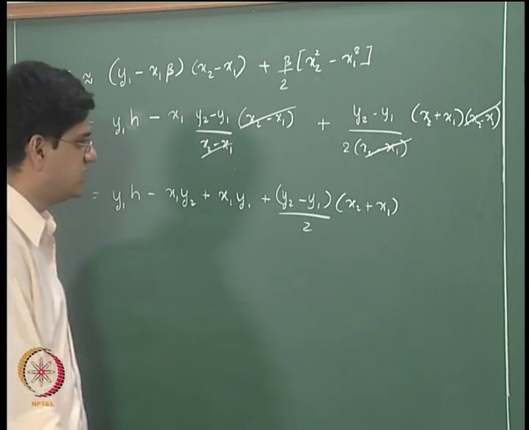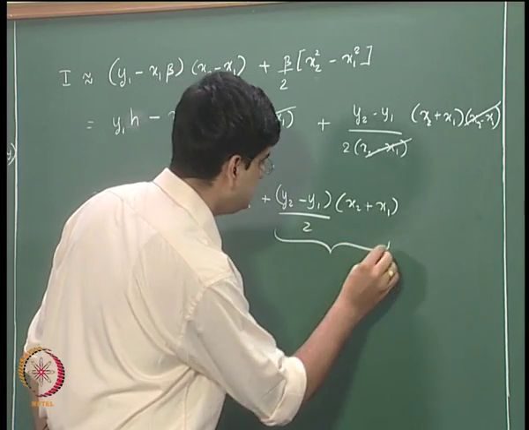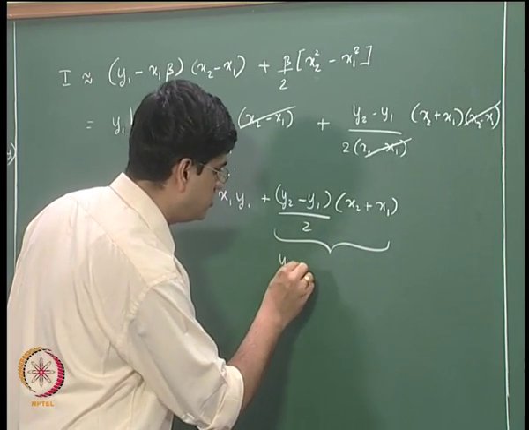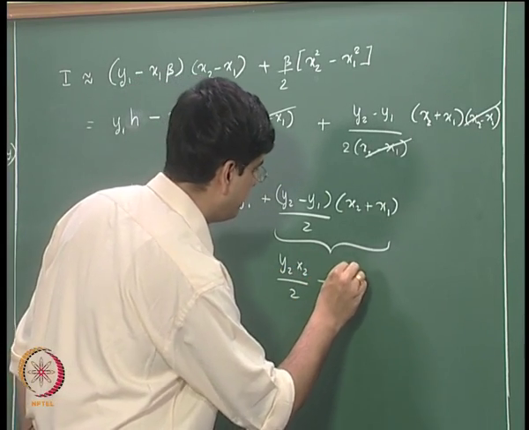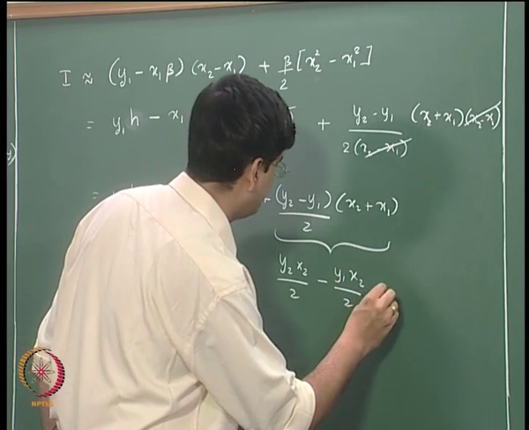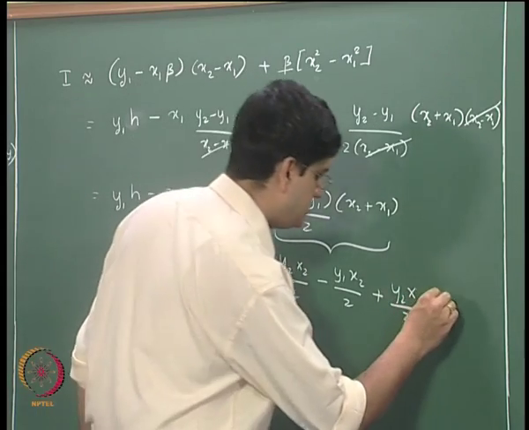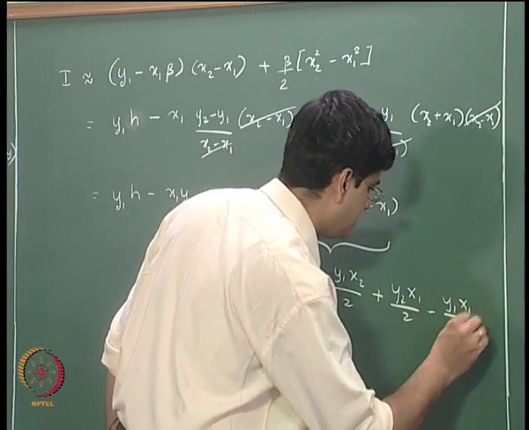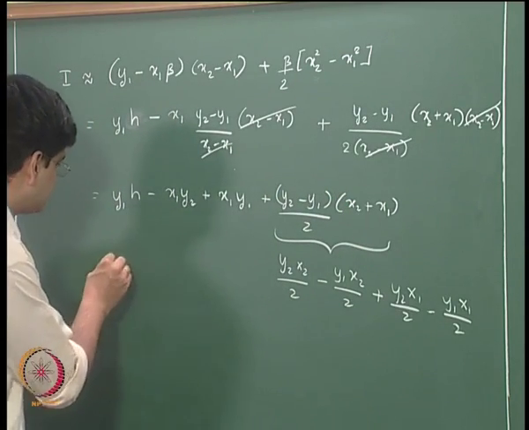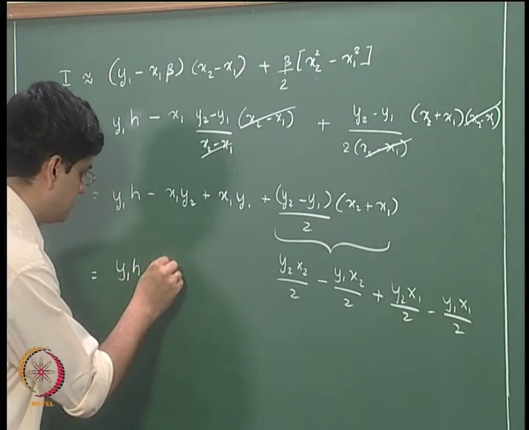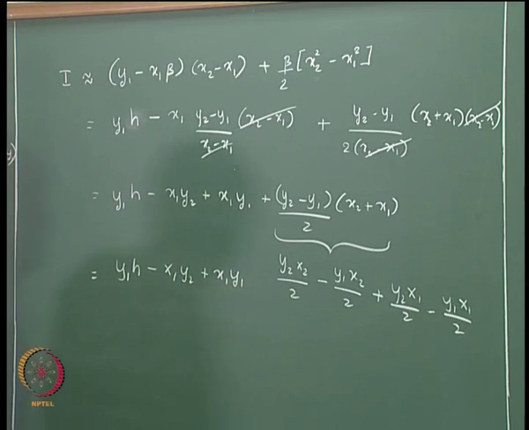So we will be able to expand this as y2 x2 by 2 minus y1 x2 by 2 plus y2 x1 by 2 minus y1 x1 by 2, plus x1 y1.